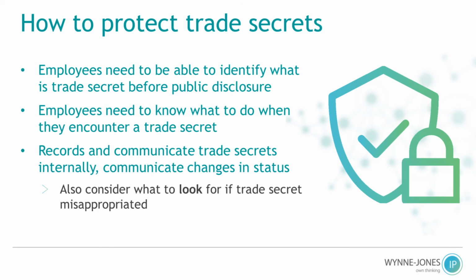And so knowing what to do with a trade secret needs to be expressed very clearly to employees within or other members of an organisation. And what needs to be done is more than just a general set of, it needs to be a secret.